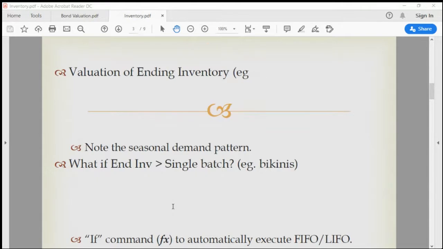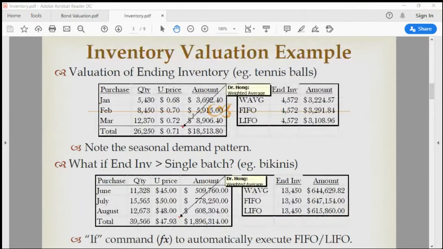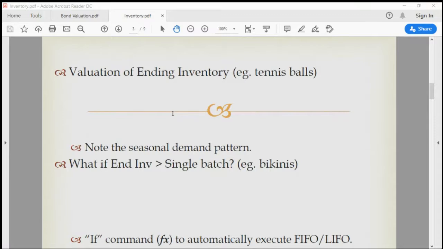Some of these 4,572 units could have come from the January purchase, some from the February purchase, or some from the March purchase, right?